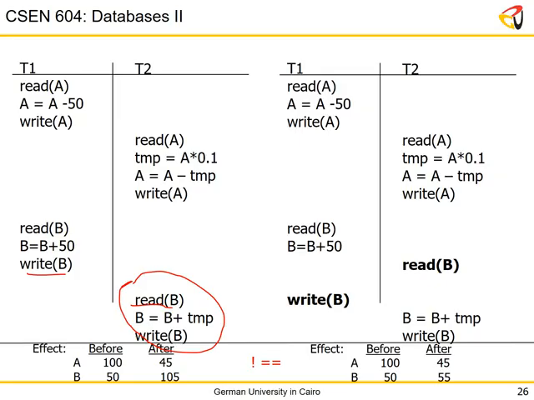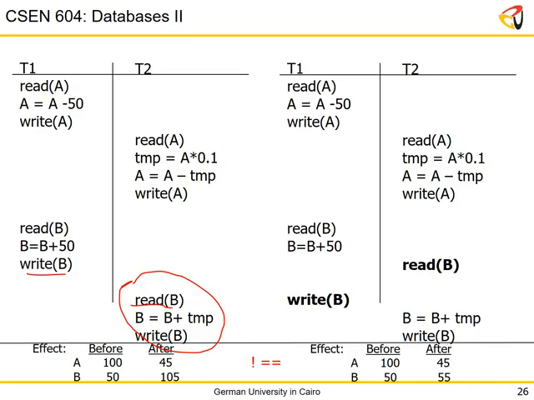Now, a context switch happens after reading B, and I write the new B in T1, and the context switch happens one more time, and I do B equal to B plus temp and then write B. Now if you look at the bottom right of the screen, you can see that the after effect of running this specific schedule is 45 and 55. A is 45, which is what we expect, but B is not 105, it's 55.